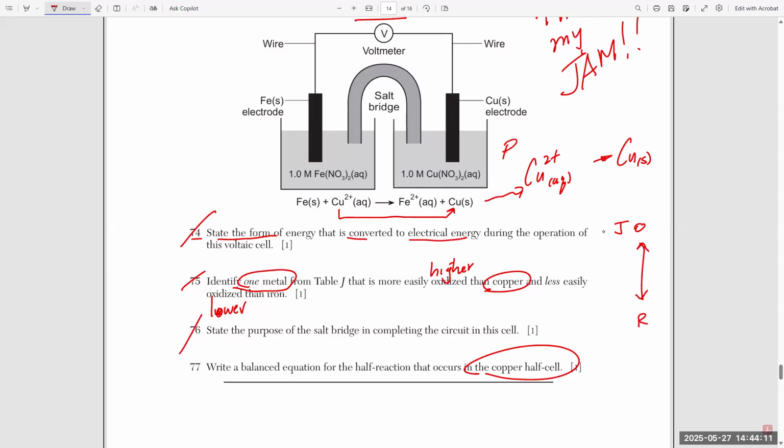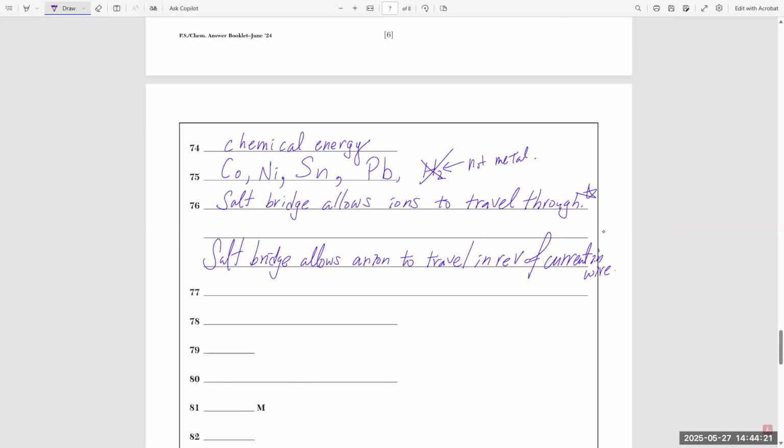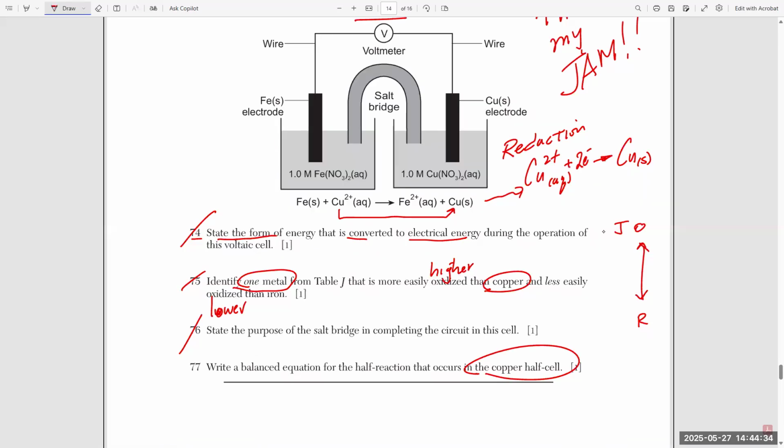So that's reduction, not oxidation, right? Plus 2 electrons, because we're going to need to balance the charges. And guess what? We're actually done. It's going to be Cu2+ aqueous plus 2 electrons, giving us copper solid. Okay, that's 77.